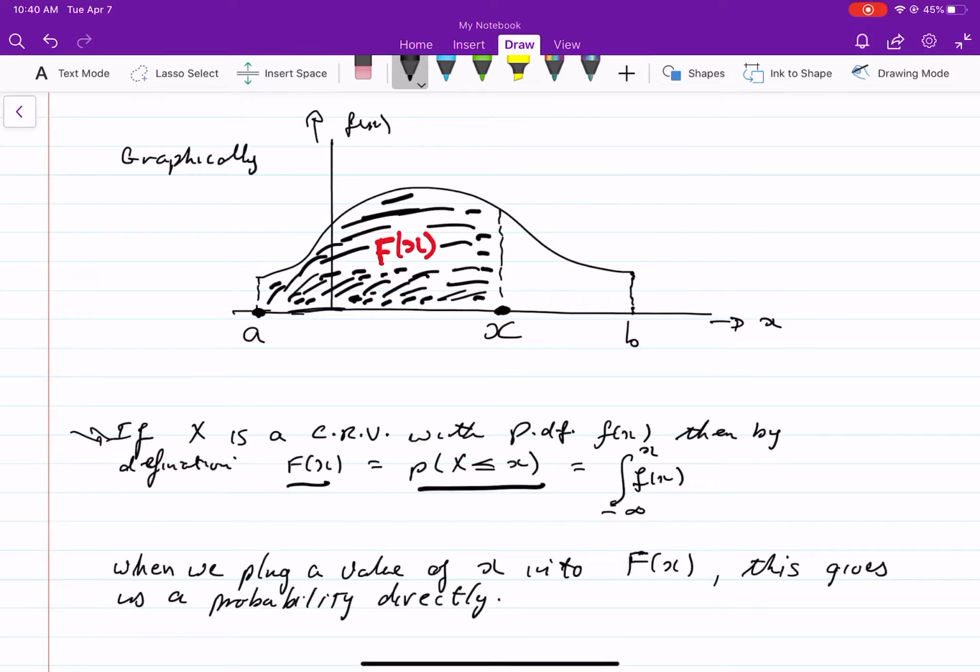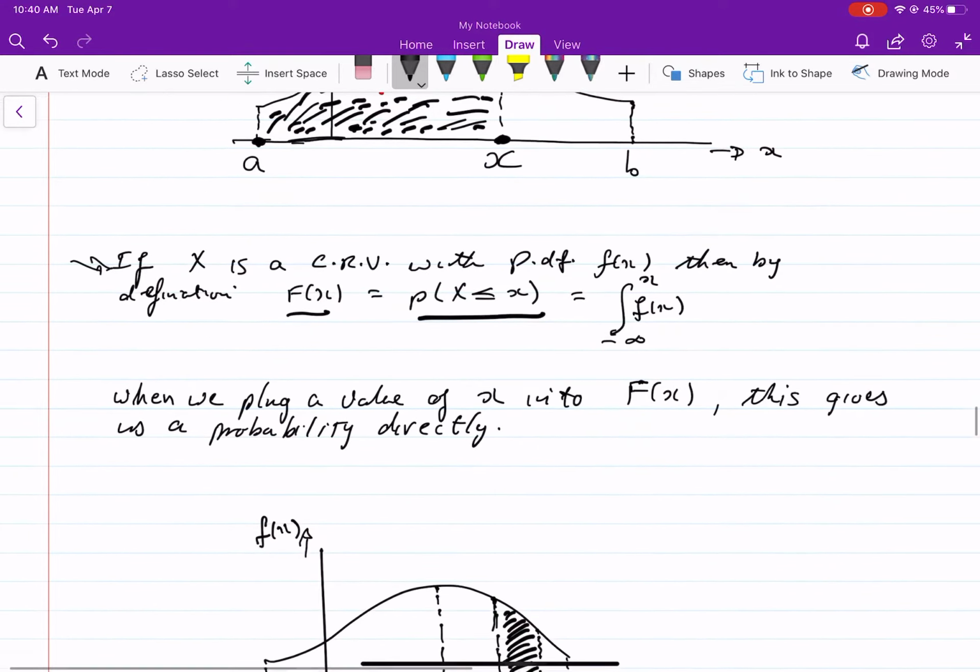Now remember, x is not a specific value. X is just the variable x. So once you end up with that function for big F of x, you can put different values of x into that, and you will get the probabilities directly. When we plug a value of x into big F of x, this gives us a probability value directly.